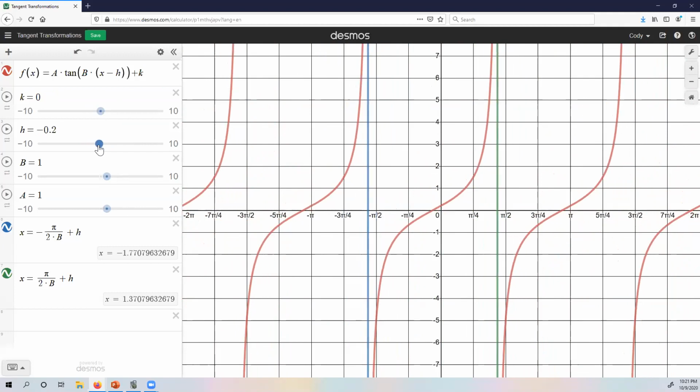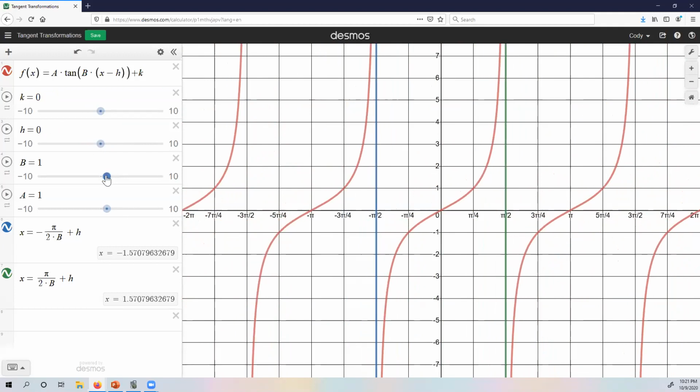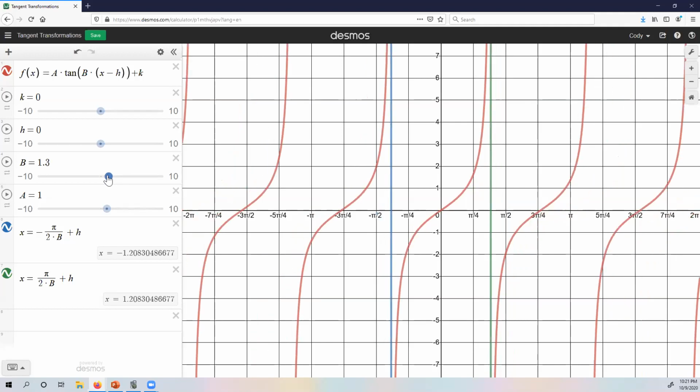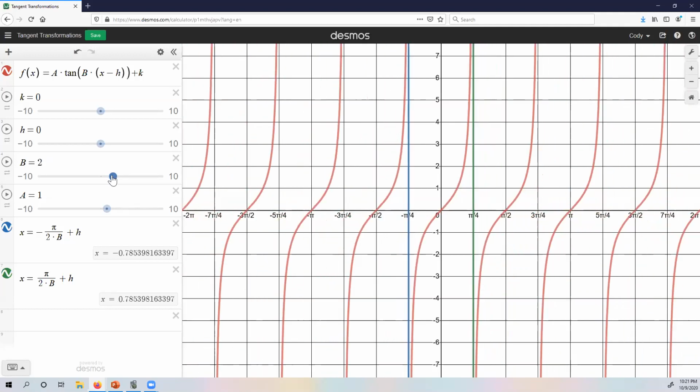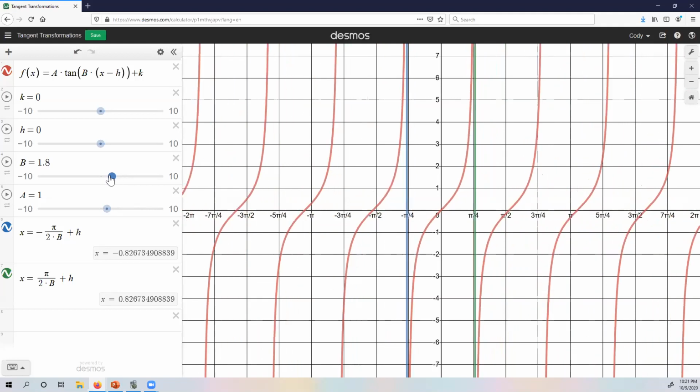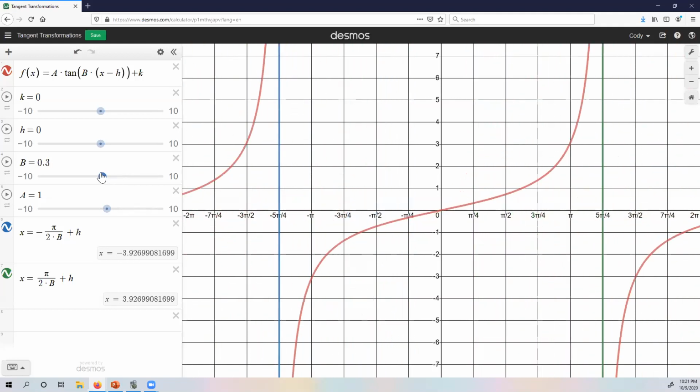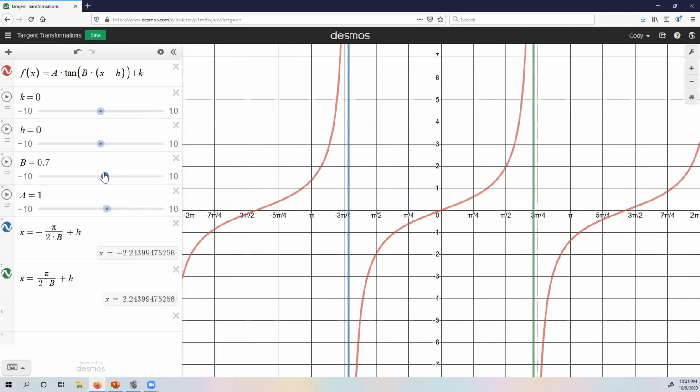And then recall that the value for b on the sine and cosine functions created a horizontal stretch or compression, and also changed the period of the function. And notice that we get something like that here. So as I increase the value for b, the tangent function gets compressed. As I decrease, it gets stretched horizontally.